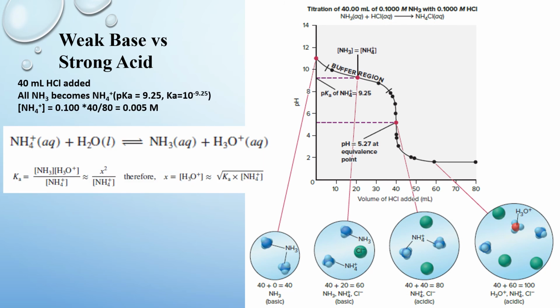At the equivalence point, again, we want the same number of moles of the proton and the hydroxide. In this case, because ammonia will completely react with the hydrochloric acid, because hydrochloric acid is a strong acid, the amount of proton from the hydrochloric acid should be equal to the base generated from ammonia. Because when ammonia reacts with water, it generates hydroxide and ammonium.